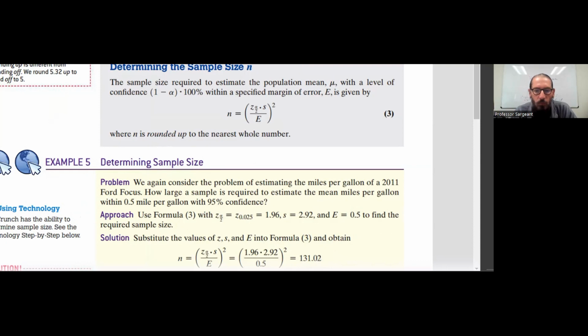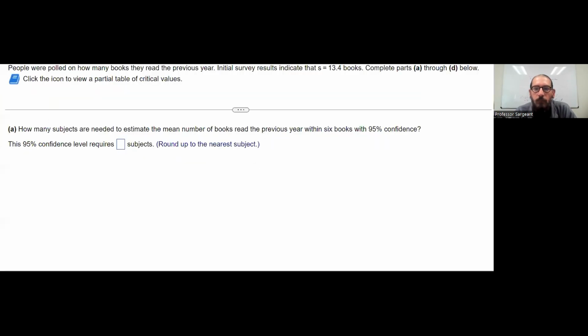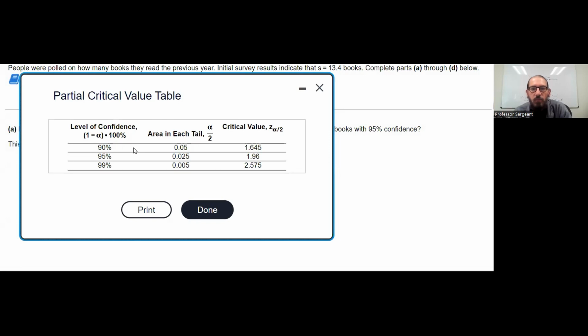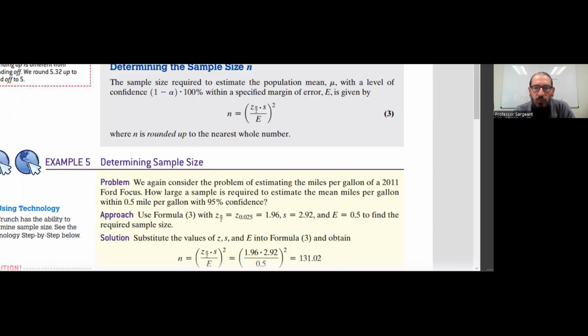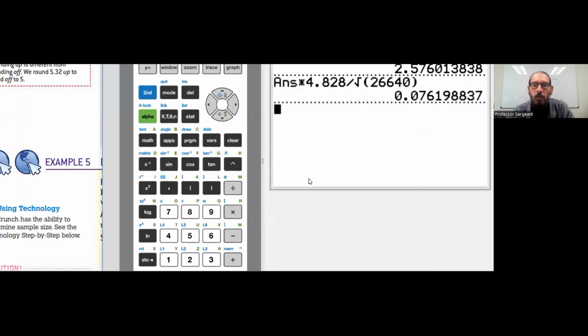All right, so partial table of critical values. For 95%, our critical Z value is 1.96. And we're going to use this formula.